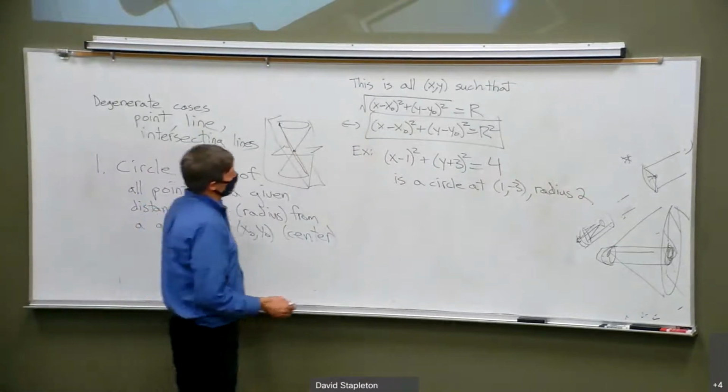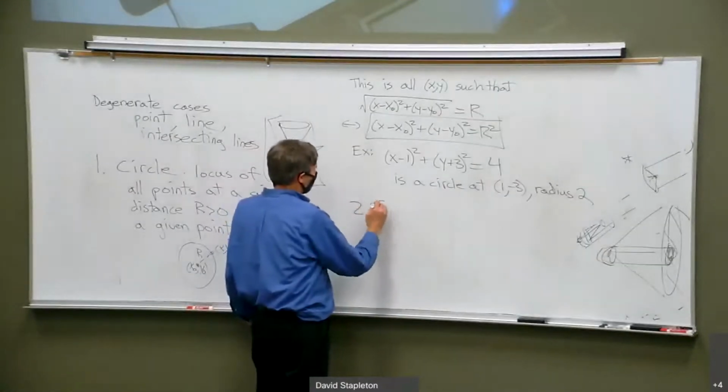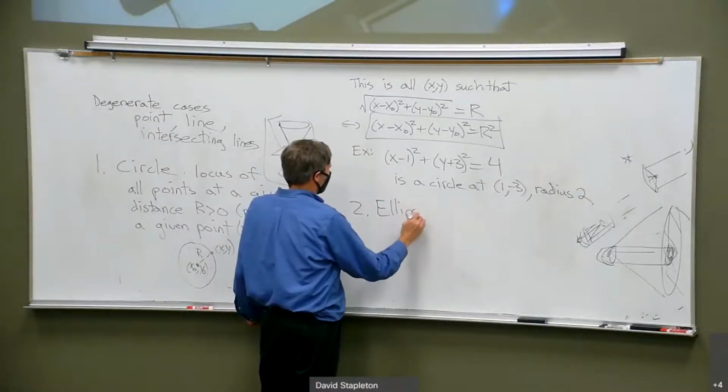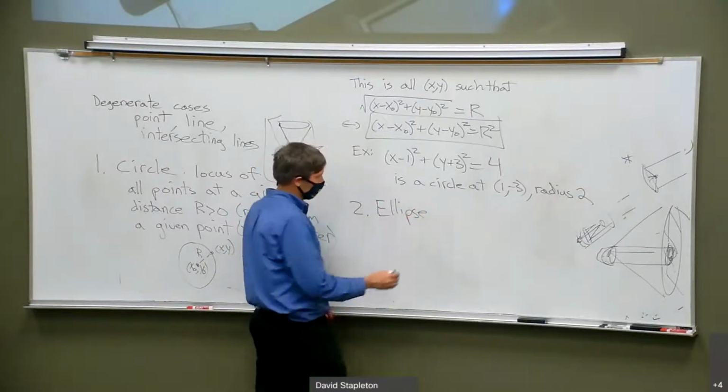There's an example, the circle. Number 2 is the ellipse. Once you've seen the circle, this is a nice generalization.